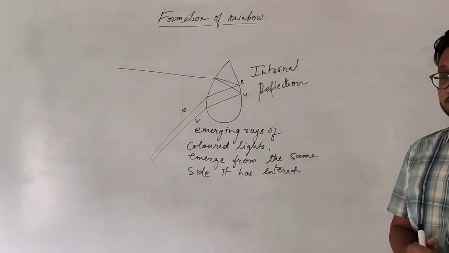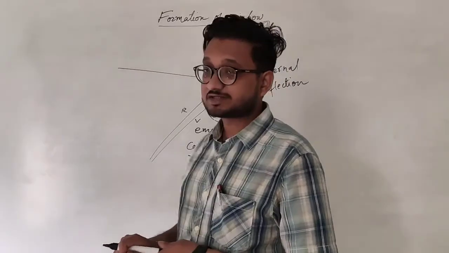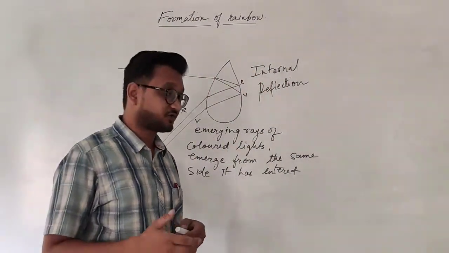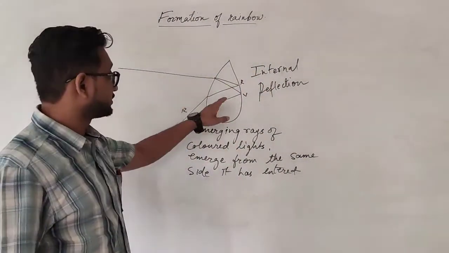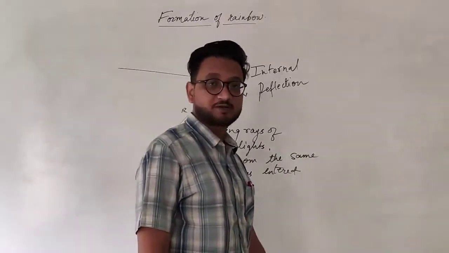I hope it is clear to you, student. This simple question is also asked in the examination for 3 marks. You will have to draw the diagram of this water droplet.